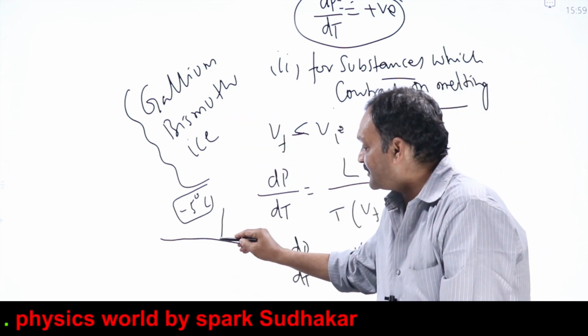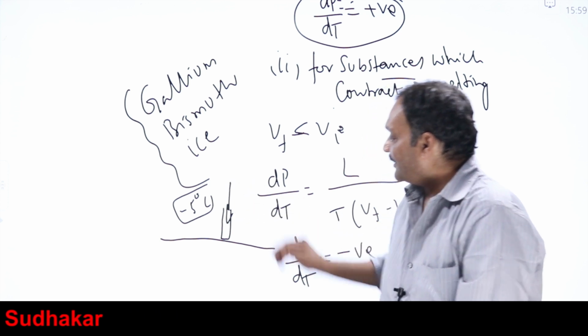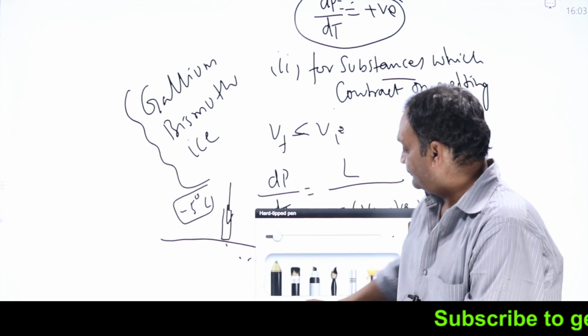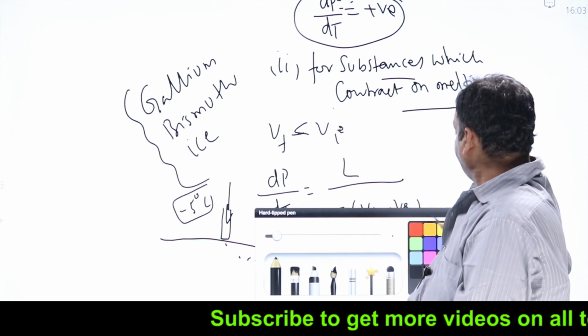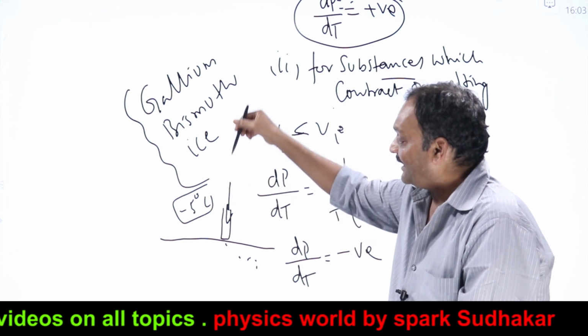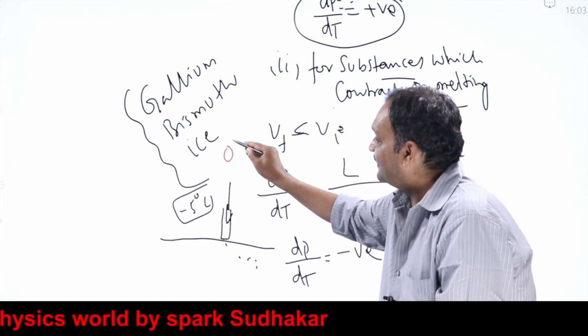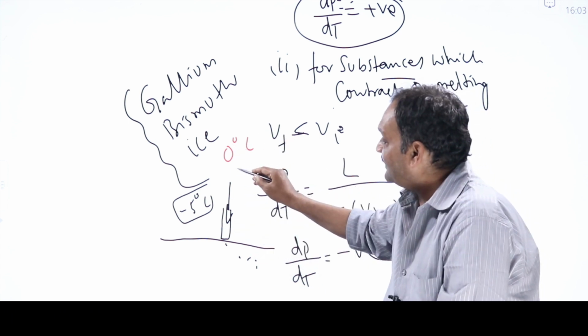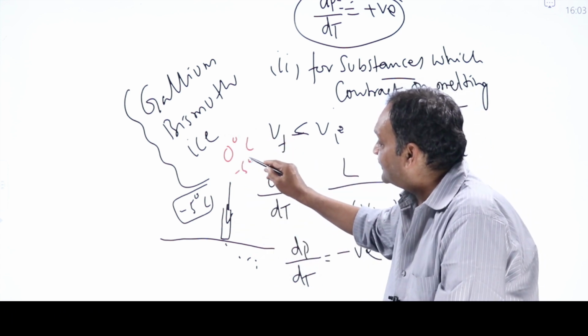When they increase pressure on ice like this, what will happen? Wherever pressure increases, melting point decreases. What happens is the melting point of ice decreases. Instead of melting at 0 degrees Celsius, now because of that increased pressure, ice melts at -5 degrees Celsius only.